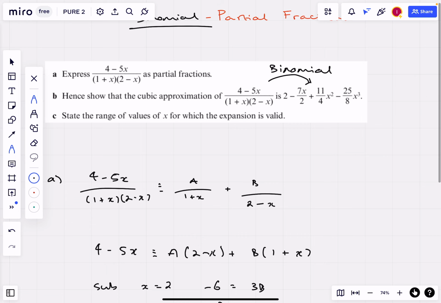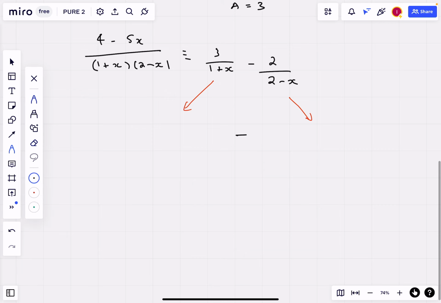Okay, the first binomial, you're going to do 3(1 plus x) to the power of minus 1. That is pretty straightforward because your bracket already starts with a 1. Whereas in the other one, you're doing this.